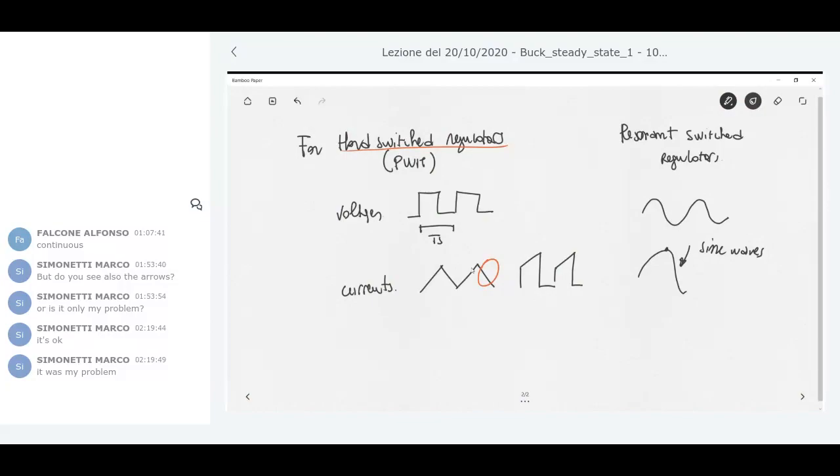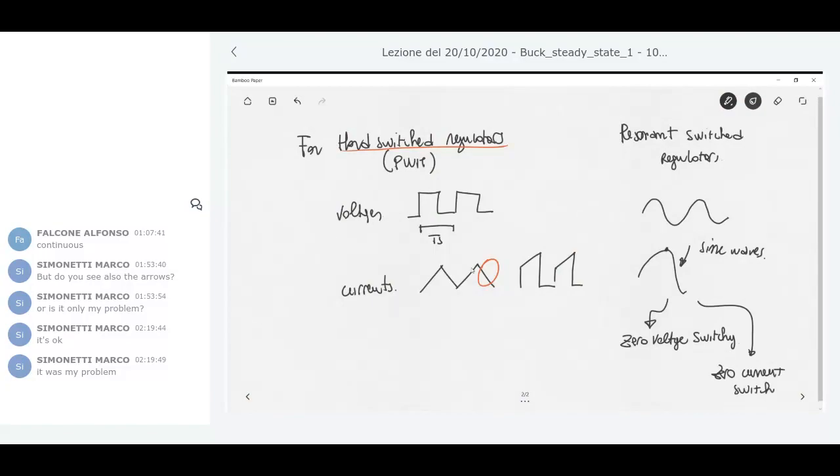The difference is not just having this kind of waveform, but the fact that resonant switched regulators can be operated with even more efficiency than hard switched regulators, because they can be operated in what is called the zero voltage switching mode, or also the zero current switching mode.